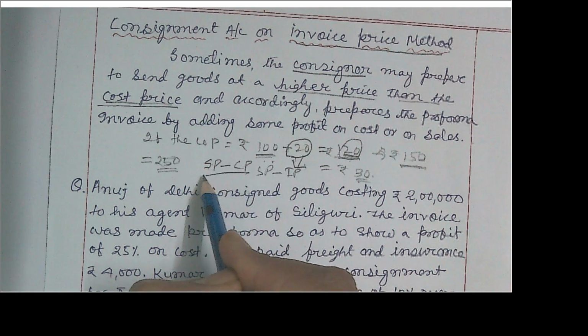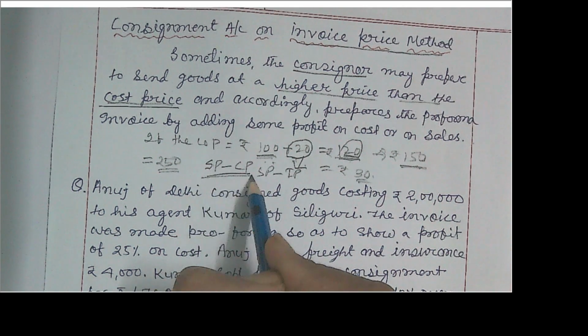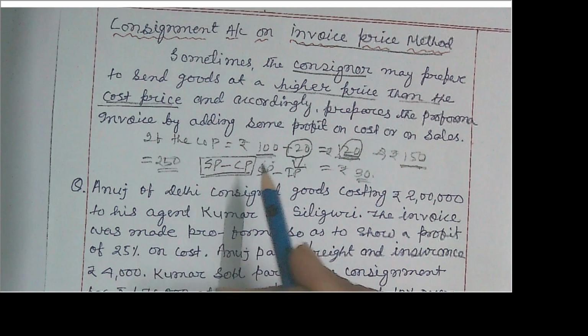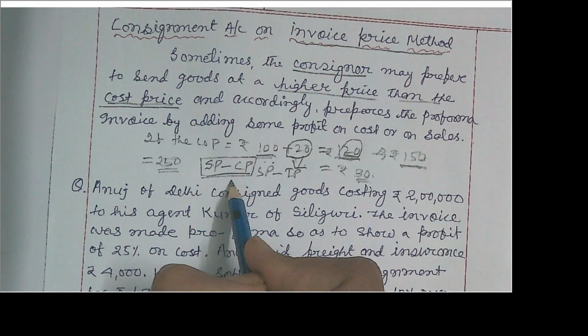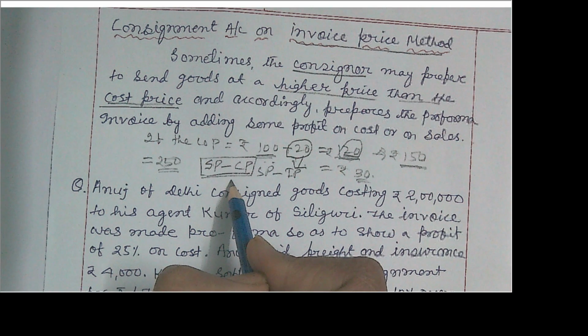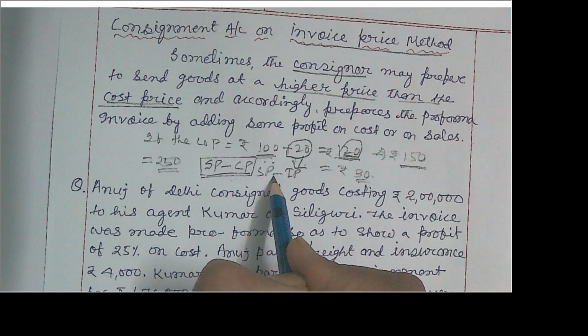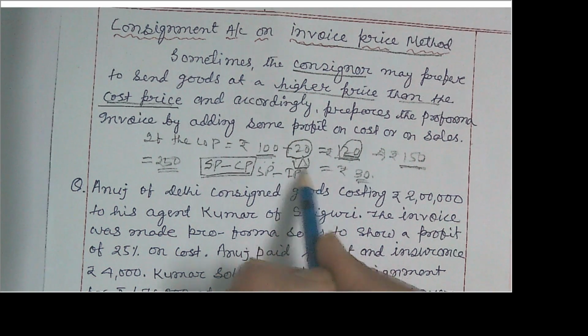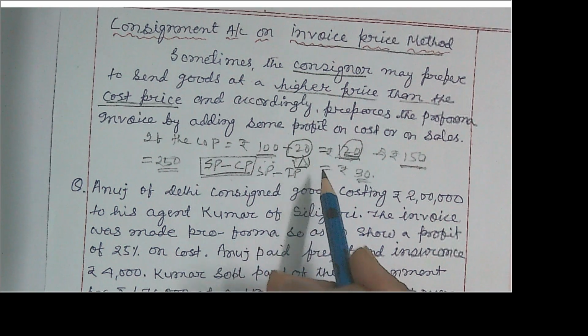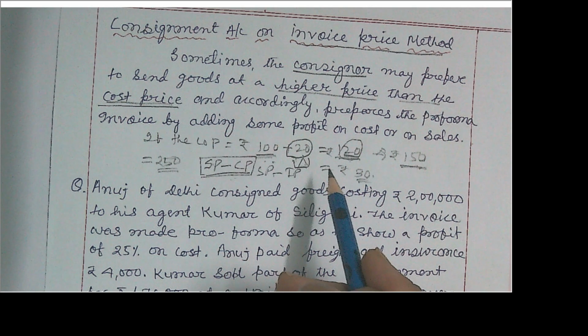When we find selling price minus cost price, then this is the real profit. Alright, so this loading is required. To remove this extra price, we do loading by preparing a ledger account.